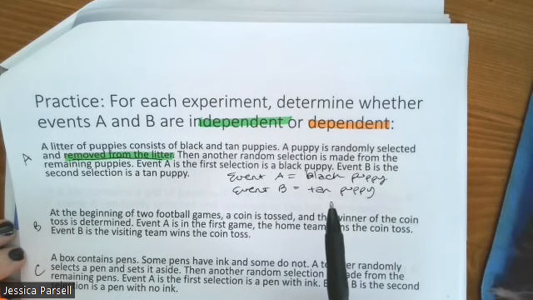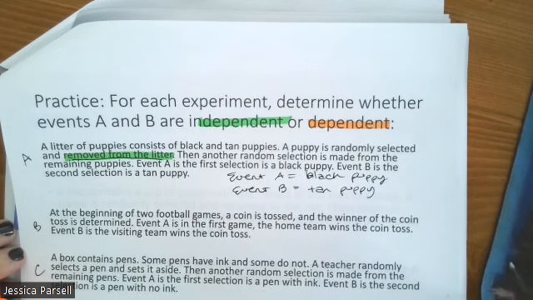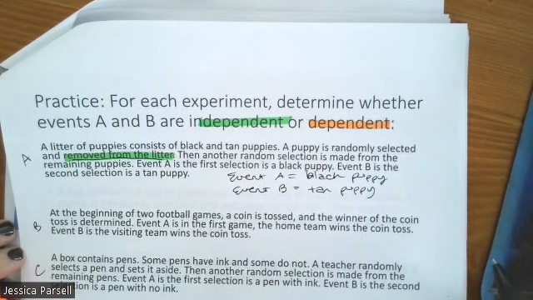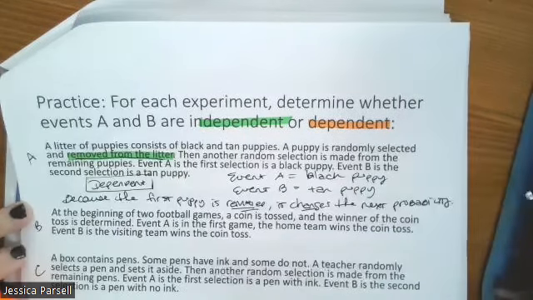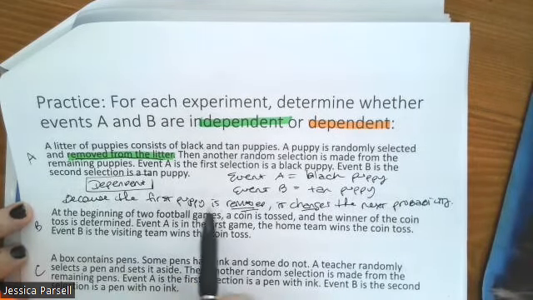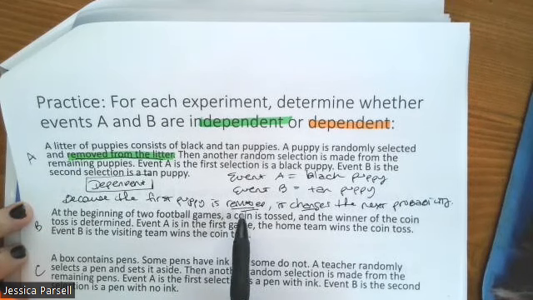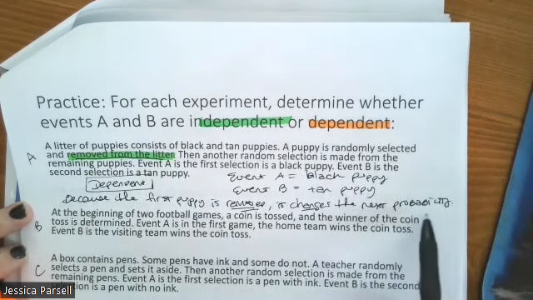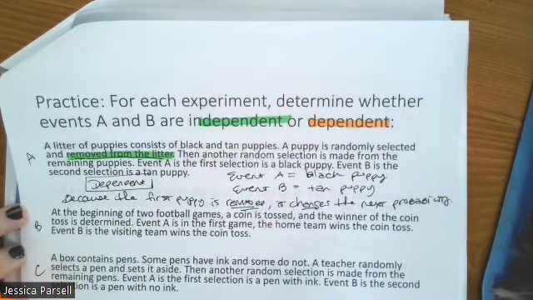We're not actually figuring out the probability, but we are asked to determine whether this is independent or dependent. So think about this for a minute. Think about what your answer might be. Pause the video if you need to, and then come back. So hopefully you thought about dependent. The reason these are dependent is that the first puppy was removed, which changes the next probability. So that makes that scenario dependent.